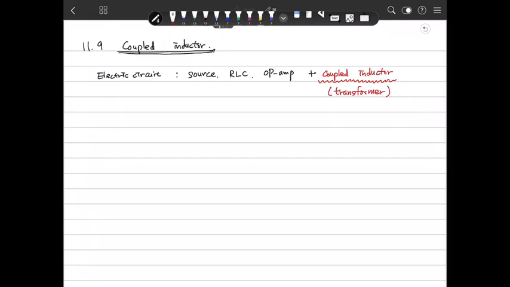Anyway, the coupled inductor is a kind of magnetic device.